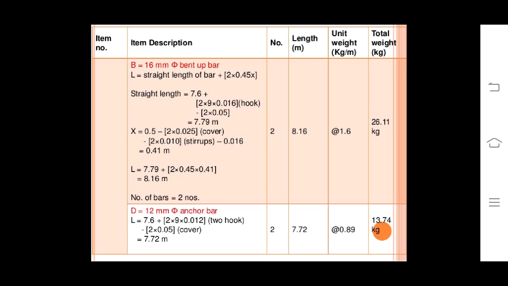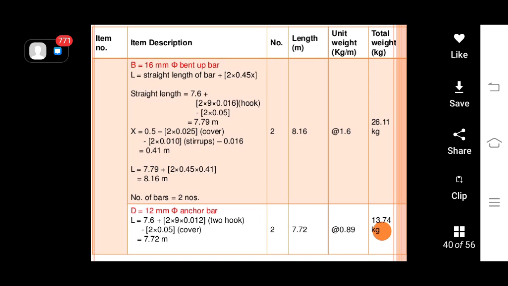The third item of reinforcement is 16 mm high strength bent up bars. These bars have a straight length of 7.6 plus 2 into 9 into 0.016, that is hook length, minus 2 into cover from both sides, which gives the total straight length 7.79.